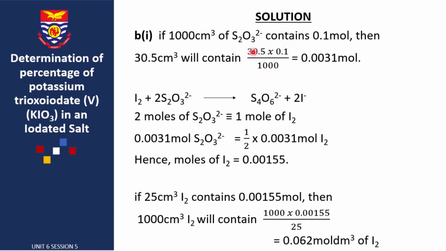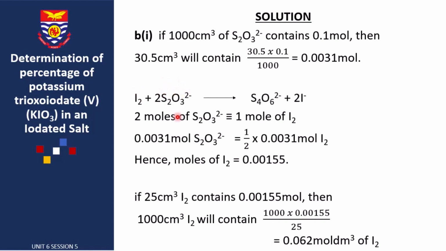It contains 0.0031 moles. And this is the moles of the thiosulfate that reacted with the iodine. So we have to find the corresponding moles of the iodine from the reaction equation between the iodine and the thiosulfate ion.